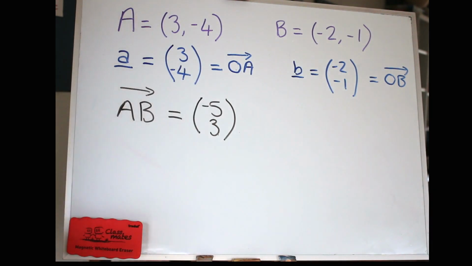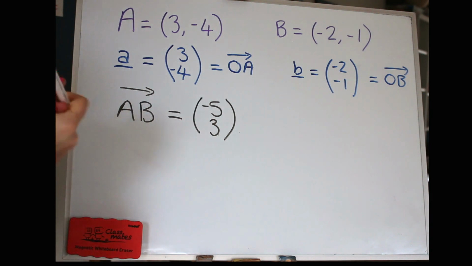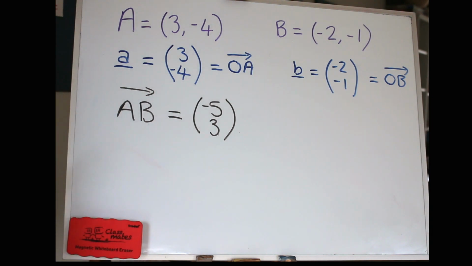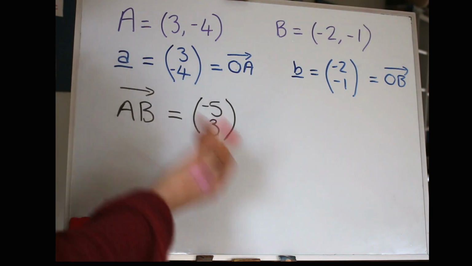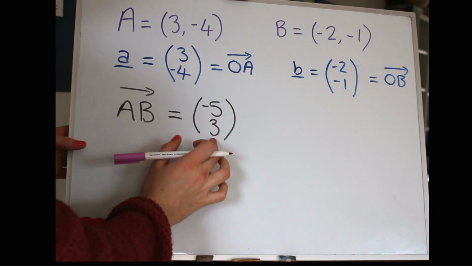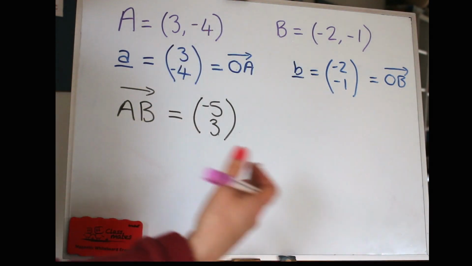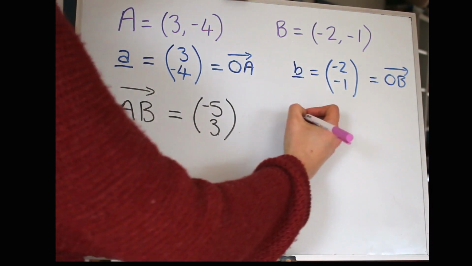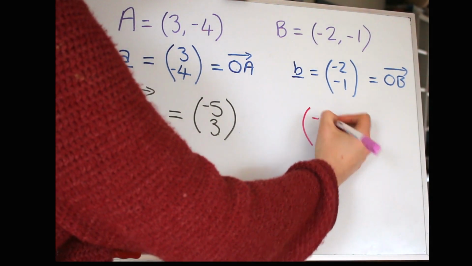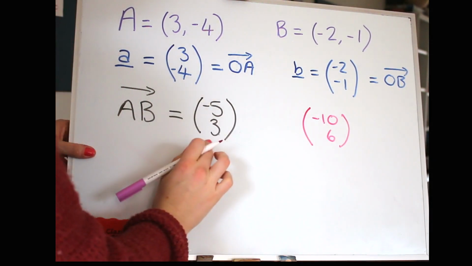And before we move on, just one more thing to mention, and that is parallel vectors. Any vectors are parallel to each other if they're just exact multiples of each other. So any vectors that are parallel to this one will just be if you're timesing both these numbers by the same amount. So if we double them and get minus 10 and 6, that's going to be parallel to that.